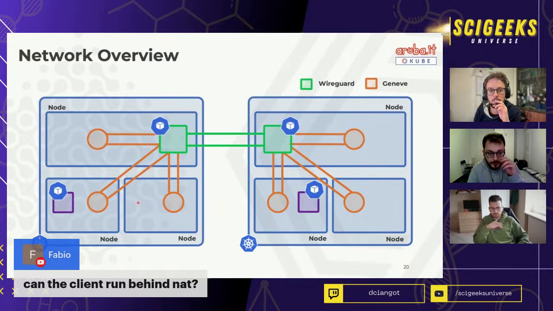So the client, yes, without configuration. The client, sorry. So the server, you can configure it to work behind the NAT. But the client, you don't need any configuration, so it works. But also the server can be behind the NAT. Yeah. Obviously, you need to expose the port.